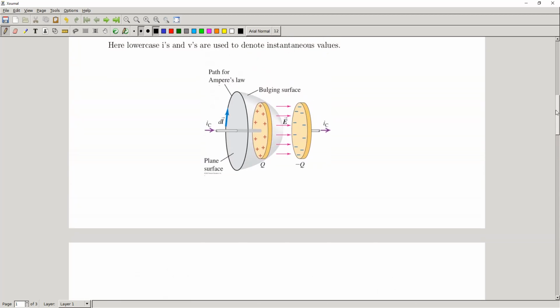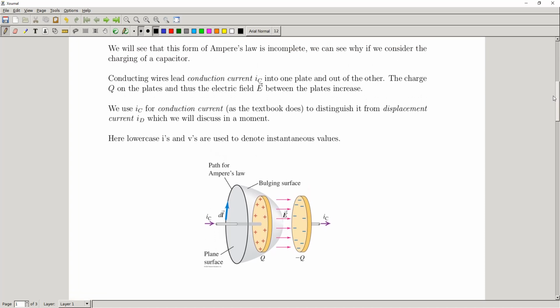Okay. So let's start off with a situation where we don't break Ampere's law. Let's take a look at this setup of our capacitor charging. Let's say we wanted to find the magnetic field at some point A here. To do that, we would set up this Amperian path, this path for Ampere's law. We would want to use B dot dl is equal to mu naught I enclosed, right?